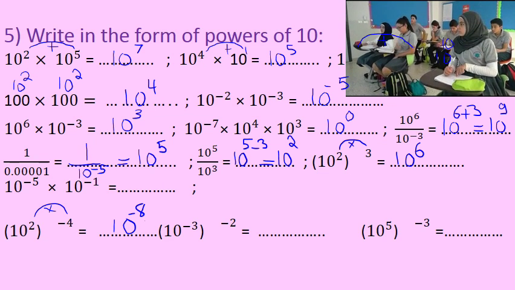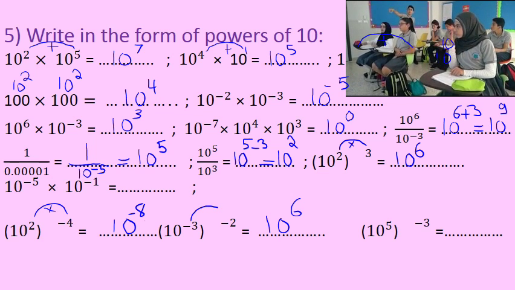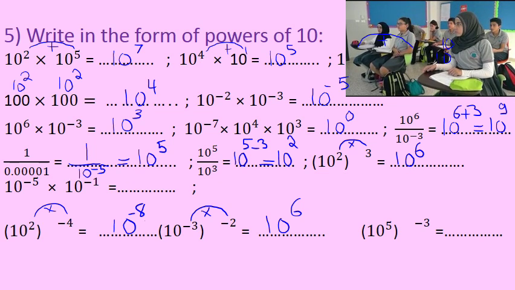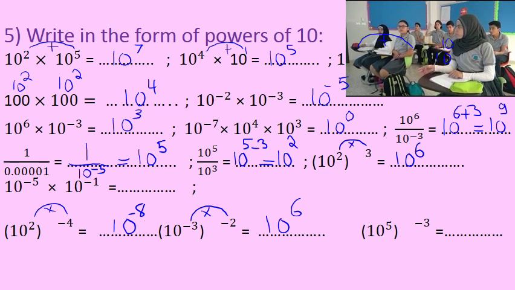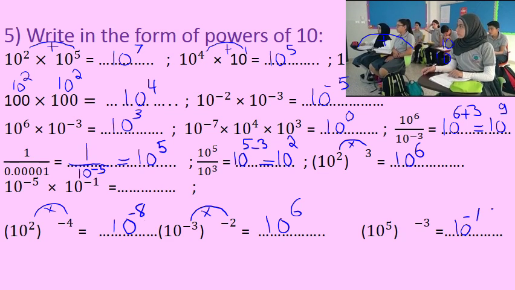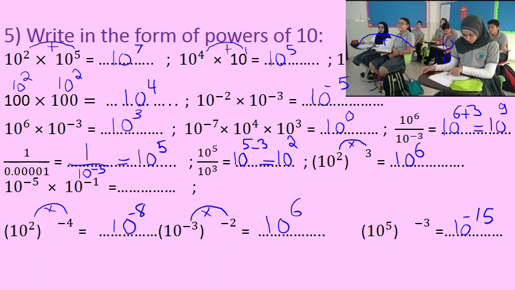The answer is 10 to the power 6. Why? Because we multiply minus 3 times minus 2. Skipped 1. Okay, now 10 to the power 5, all of it to the power minus 3. It is, yeah, Ali? 10 to the power minus 15, yes.